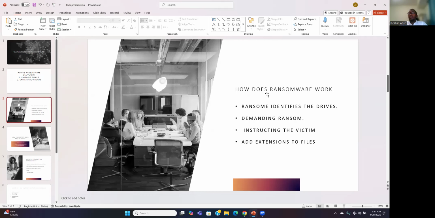Now, we want to talk about how ransomware works. Ransomware identifies, as I said, the drive files, and when they gain access to your computer, that is where they try to control and encrypt all of your files.